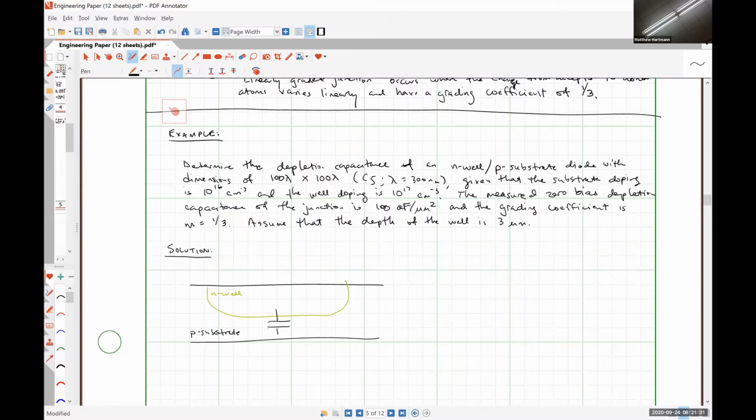But what you may not obviously see is that there's also what's called a sidewall capacitance. So this is the bottom capacitance, and this is the sidewall capacitance. And these two guys are connected in parallel, right? Because they share one node in the N-well and the other node in the substrate. But they're both going to contribute to the overall depletion capacitance of the parasitic diode.